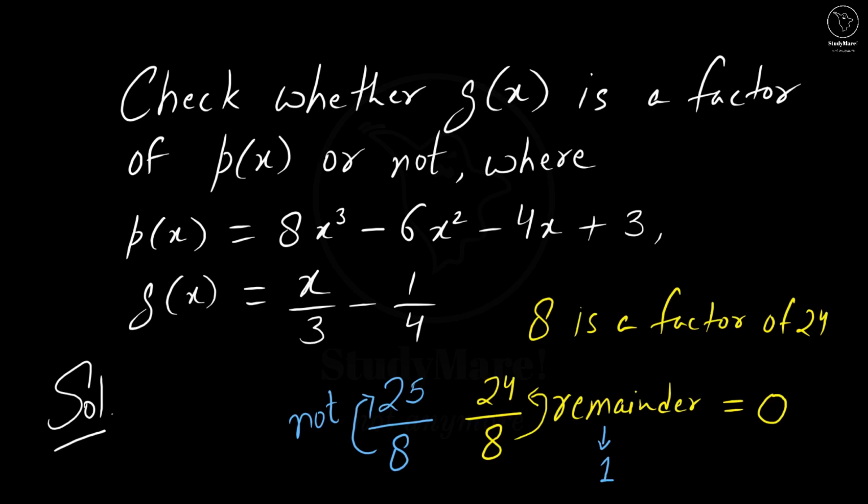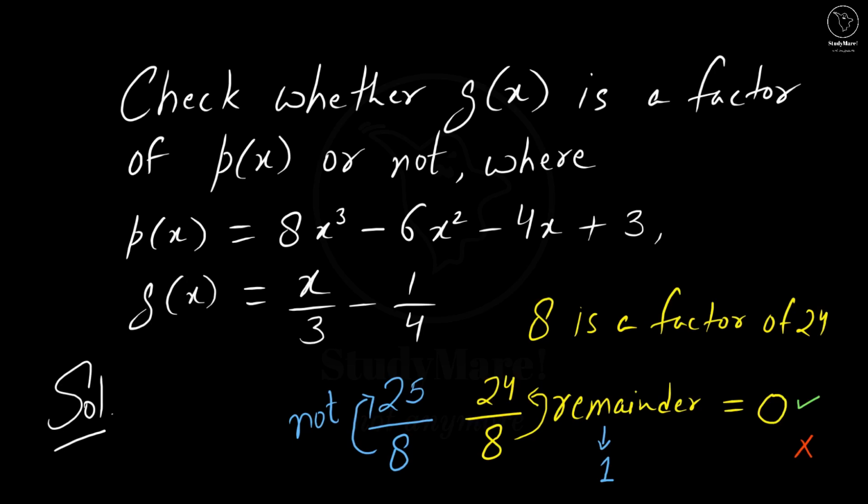What was the decision criteria? It's simple. If the remainder is 0, it is a factor. If the remainder is non-zero, this is not a factor. The same concept, the same procedure we have to follow while solving this question as well. The only difference is that now we have the polynomials instead of numbers.